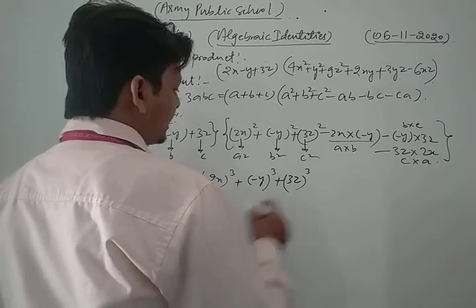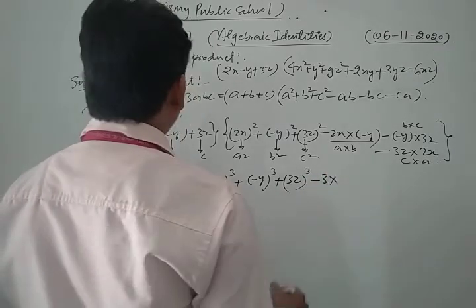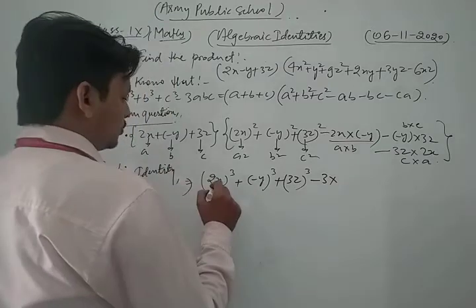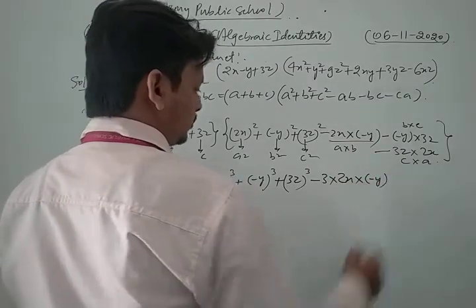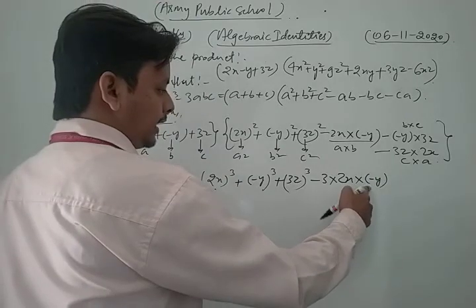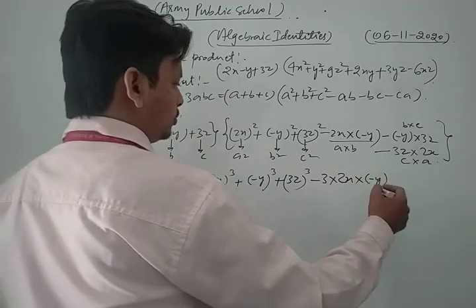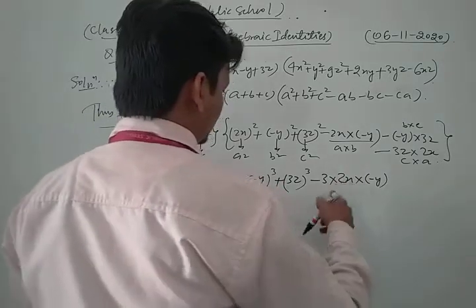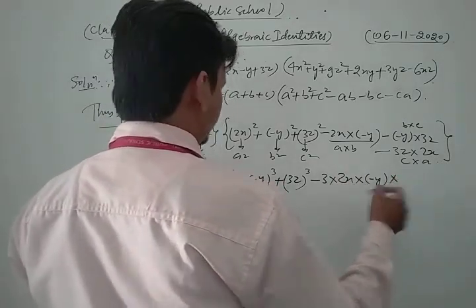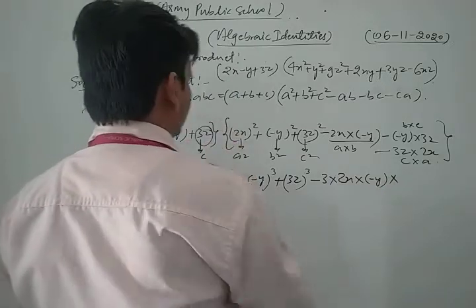Now minus 3abc. 3 into A means 2x, B means minus y, you always write minus in a bracket. So 3ABC, and the value of C is 3z.